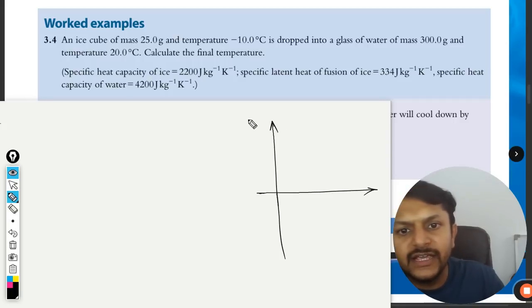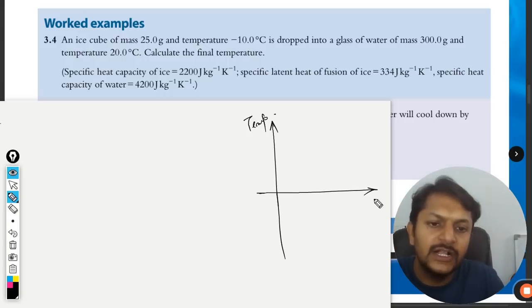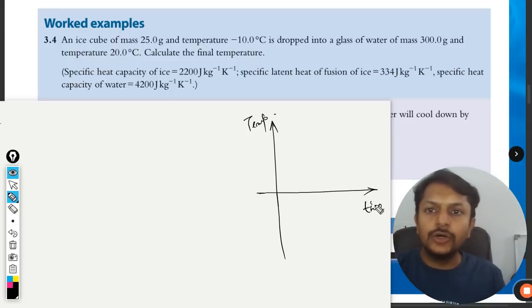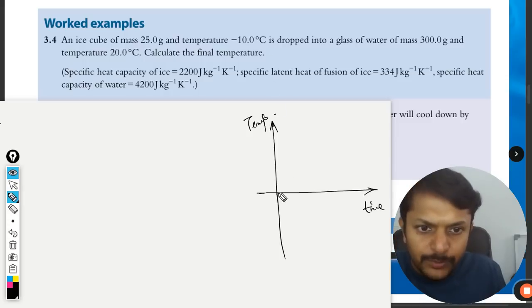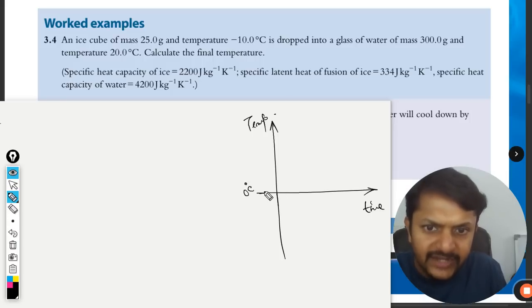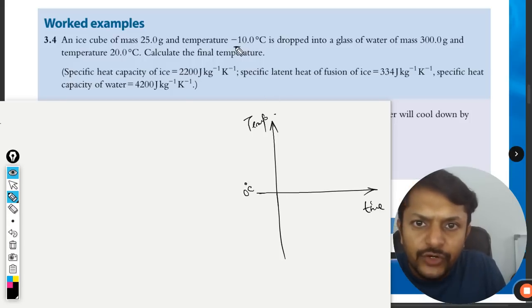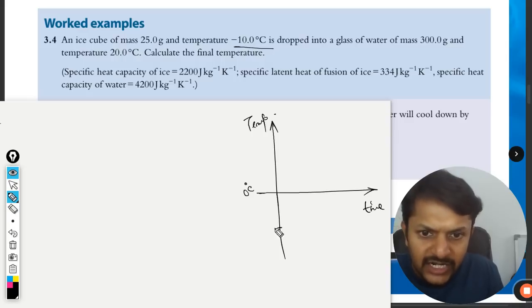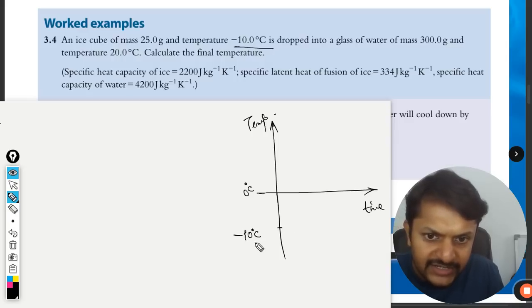So this is temperature of the vessel or the fluid total, and this is time which is there. So there is ice here. So I can assume any temperature here. So I can take this to be 0 degrees centigrade, let's say. So the temperature for the ice is negative 10. So let us start at this point, which is negative 10 degrees C.